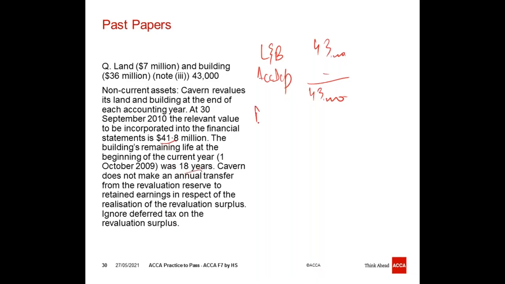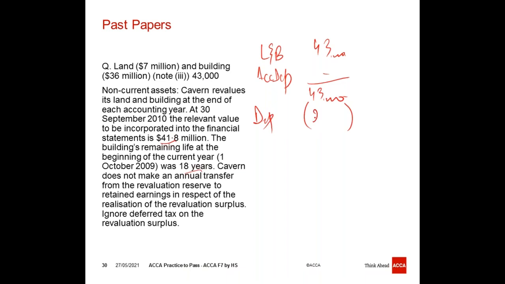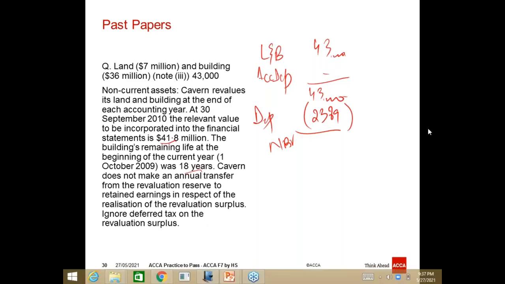So first you need to charge a depreciation for the current year. That will be 43,000 divided by 18. So what's the answer? 43,000 divided by 18. 2389. So the net book value will be, sorry, you have made a mistake.